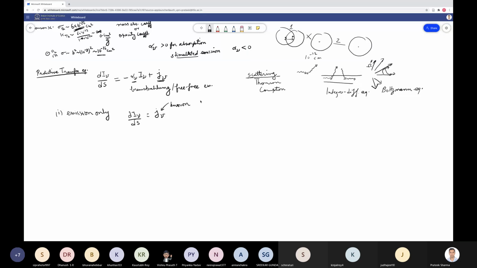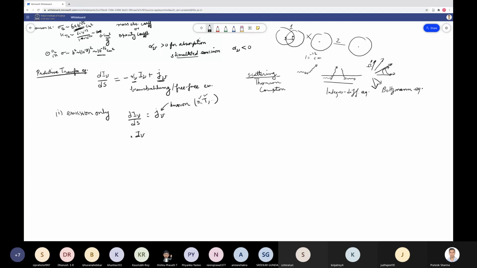In general, j nu is a function of density, temperature, and so on, so these have to be solved self-consistently. The radiative transfer problem is actually quite hard, because these also have to be evolved through hydrodynamics. But here we are assuming that j nu is known as a function of s, the path length along the beam. So how do we solve it?